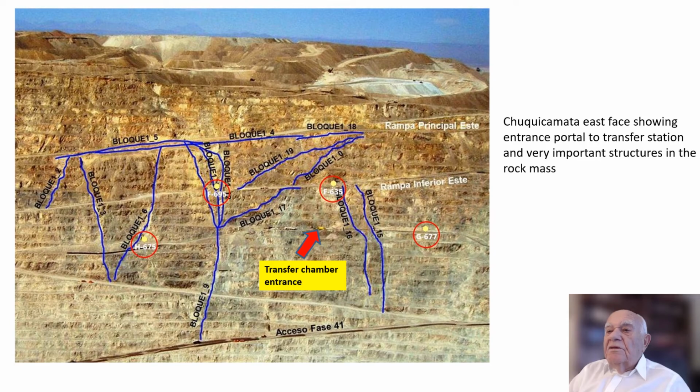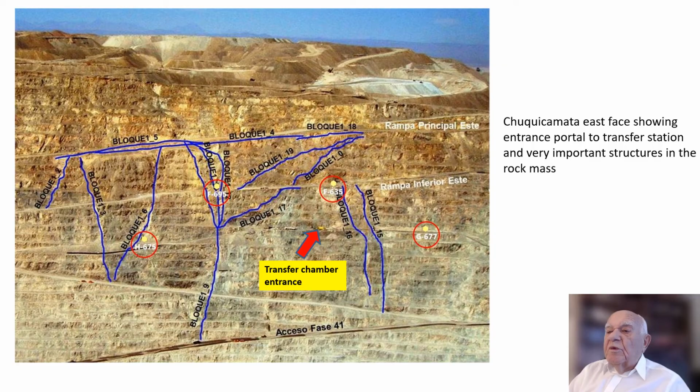The mining-induced deformations of the east wall of the open pit and transfer chamber were analyzed using a three-dimensional discrete element model carried out by Pedro Verona, representing Itasca, and Felipe Duran, a member of the Chuquicamata Geotechnical Department.